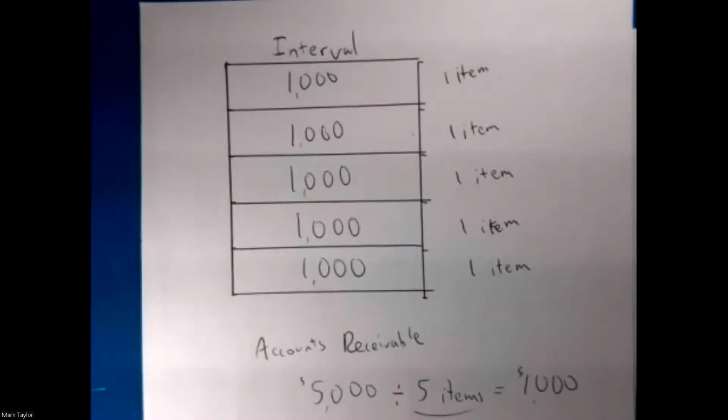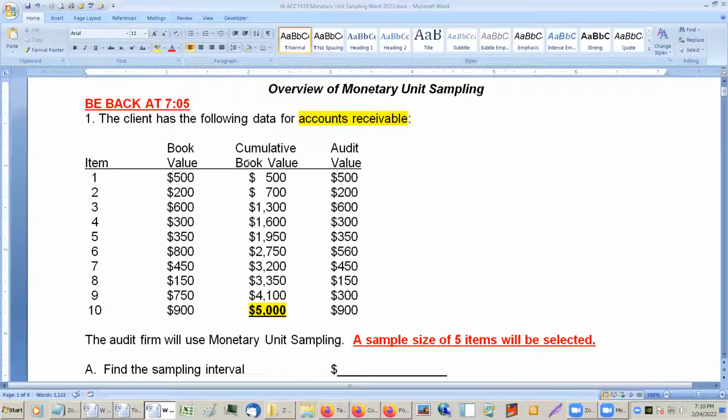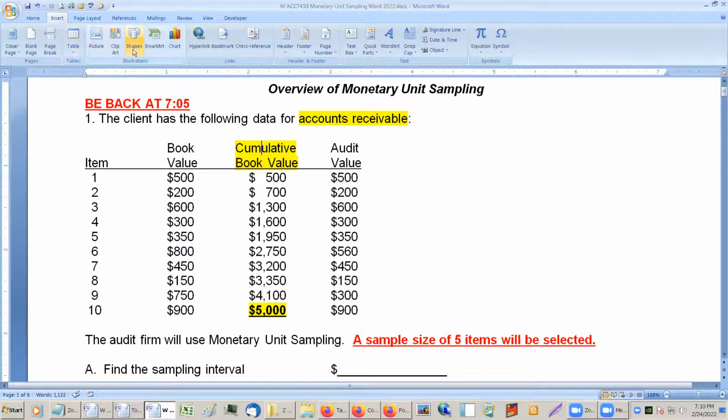Okay, so let's take a look at this again. So we're going to use this cumulative book value, and we're going to pick the items. But first of all, let me explain this cumulative thing here. It just keeps adding them all up.